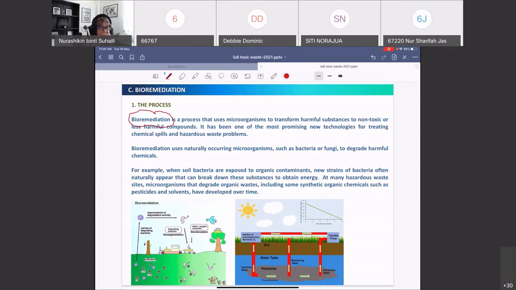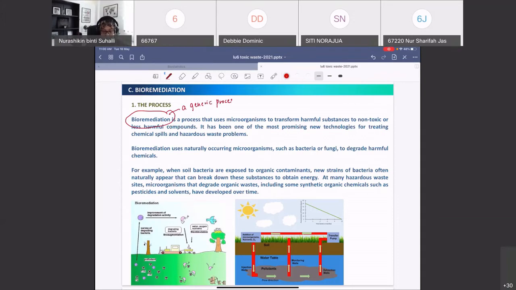So bioremediation is a process. Whatever is degraded can be specific, it depends on the toxic materials. But bioremediation is a generic process.